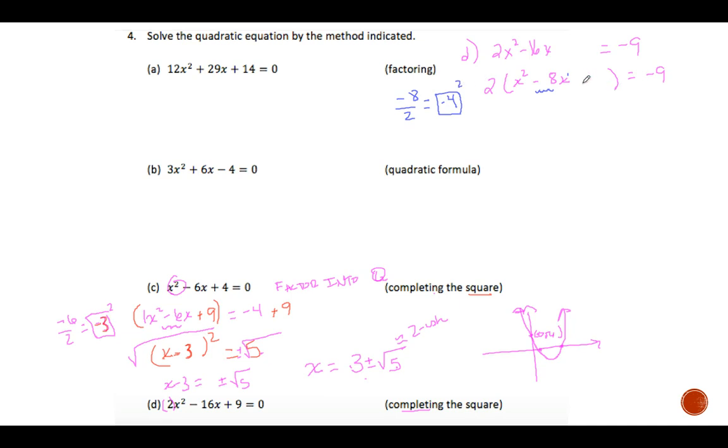I square that and I add it here. And I don't forget that whatever I put inside this parentheses, I'm multiplying by 2. The x squared is multiplied by 2, the -8x is multiplied by 2, and the 16 is multiplied by 2. Here's my perfect square trinomial.